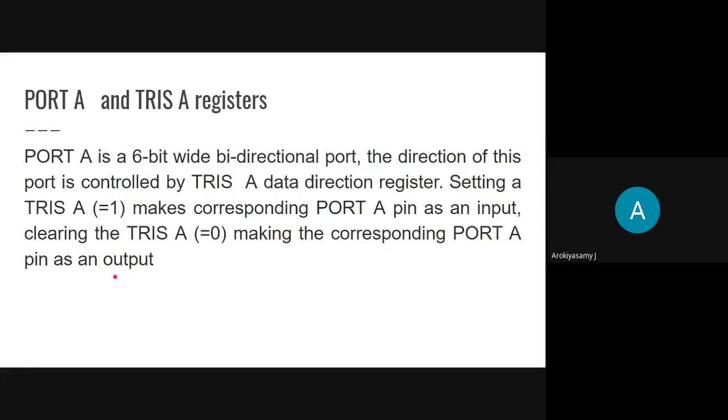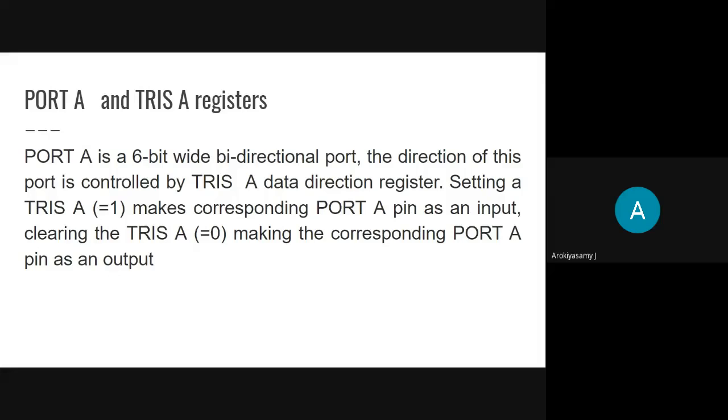So this is similar to the control register of the 8255. You might have seen the 8255 IC, the programmable peripheral chip. In that IC also there is a register called the control register. The control register controls the functionality of the ports.